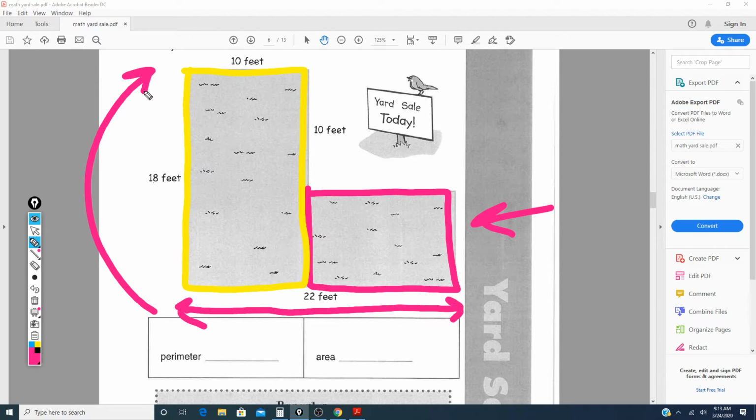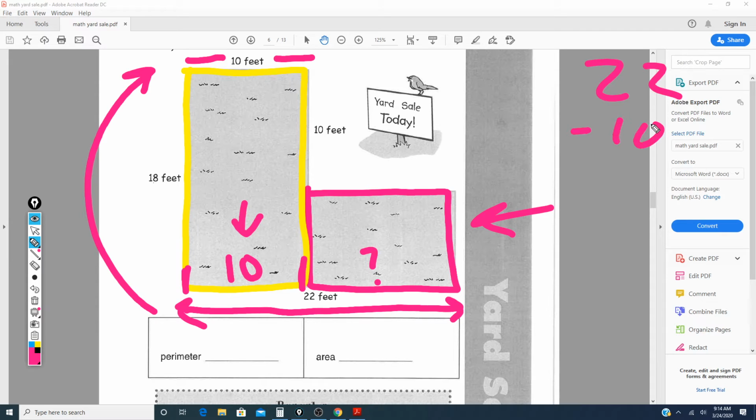We know that for this part right here, it's 10 feet. So we can say this is 10 feet from here to here. What would this other portion be? If the whole thing is 22 feet and this portion is 10, then 22 minus 10 gives us 12.